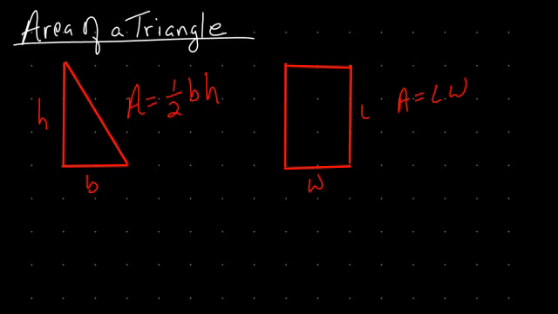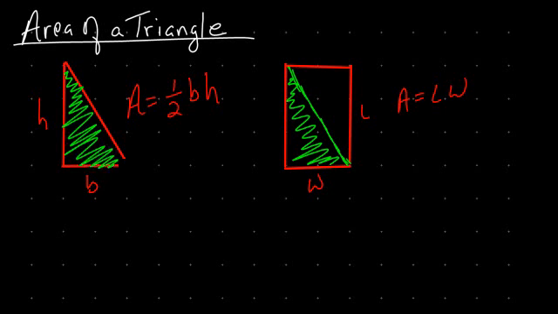But if you notice here, what is really cool, let me go in green. If I take this diagonal, I see that what I have left is that triangle. So if we call that width our base, no matter what you call it, but when we're talking about a triangle, we call it base.